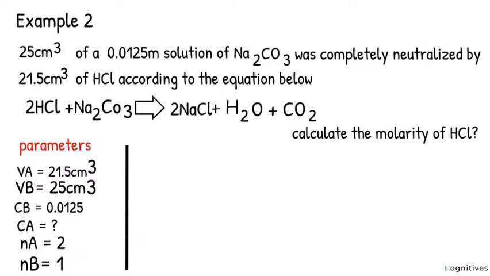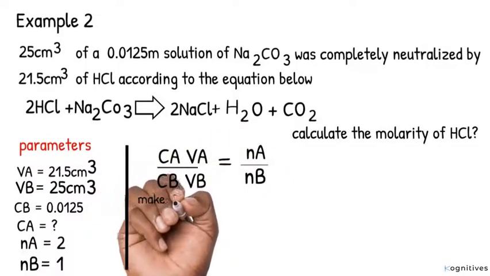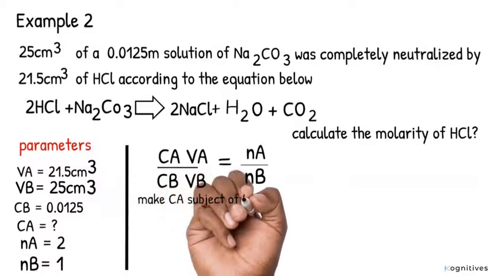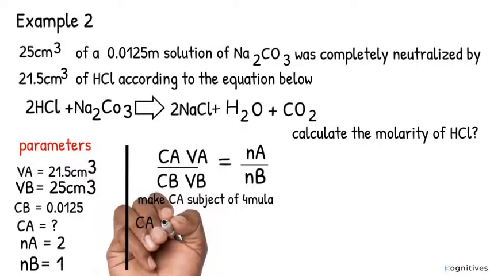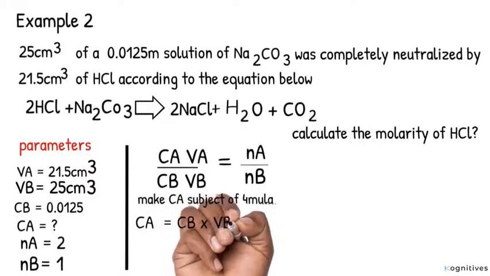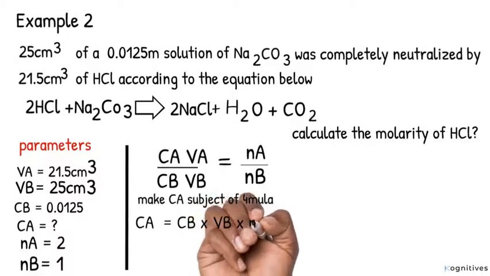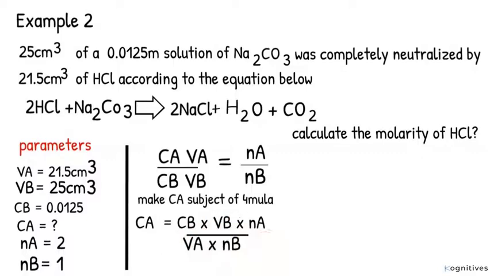Applying the formula, we have CaVa divided by CbVb is equal to Na divided by Nb. Making concentration of acid the subject of the formula, concentration of acid becomes equal to concentration of base times volume of base times number of moles of acid over volume of acid times number of moles of base.